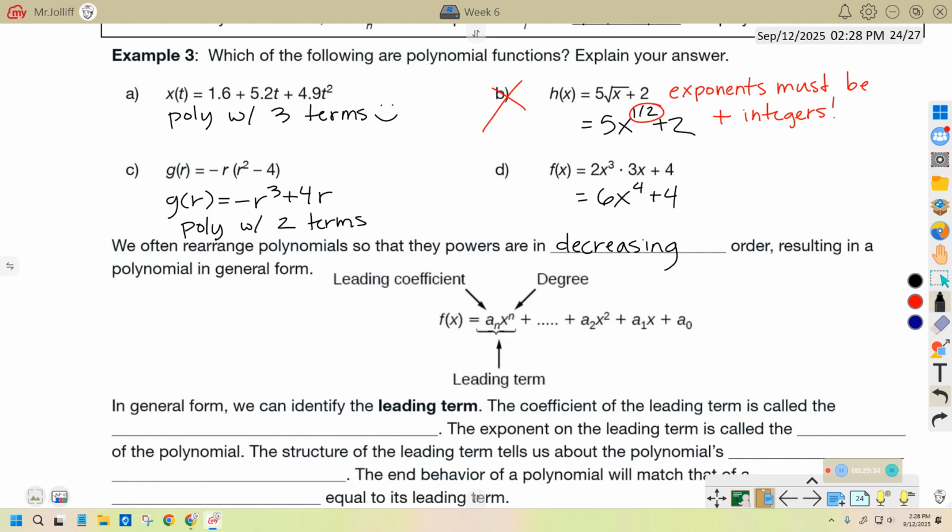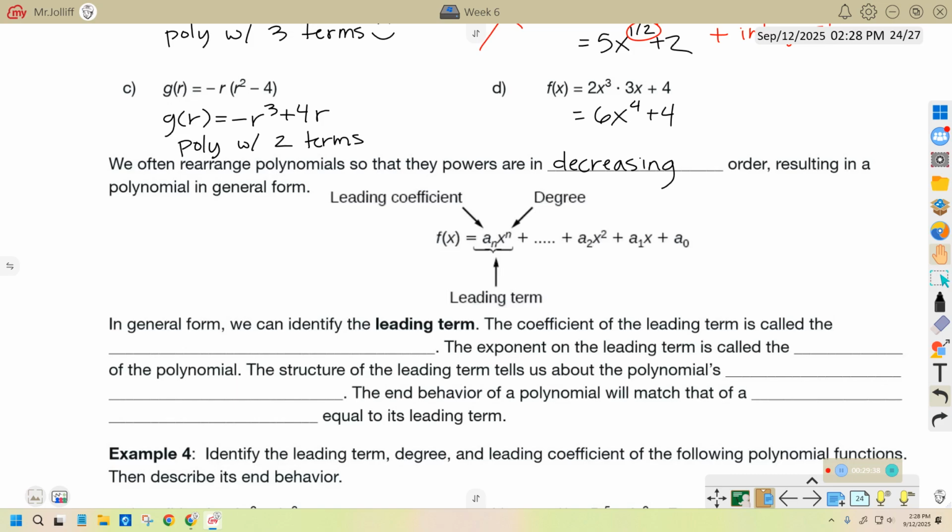So in general, when we're looking at polynomials, we're looking at that leading term. The coefficient in the leading term is called the leading coefficient, because mathematicians are creative with their naming. That leading coefficient is going to become important when we start looking at rational functions, ratios of polynomials.